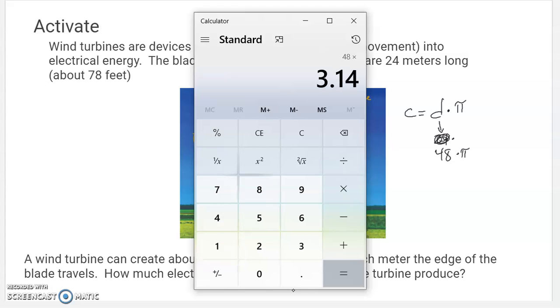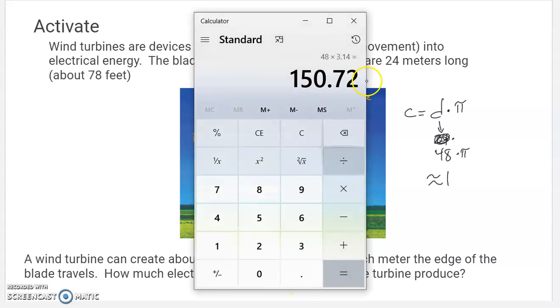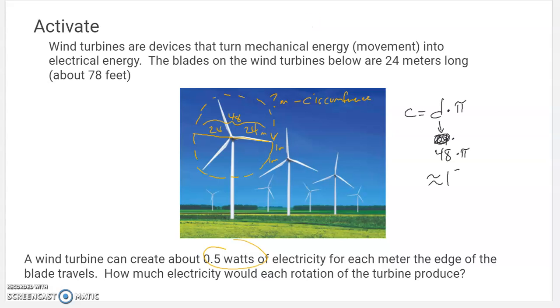Your calculator might have a pi button. Some of them do, so you can get an even more precise version with a longer decimal. But it looks like the circumference is about 150, well, almost 151 meters. So, not actually done yet. That's how far it travels.